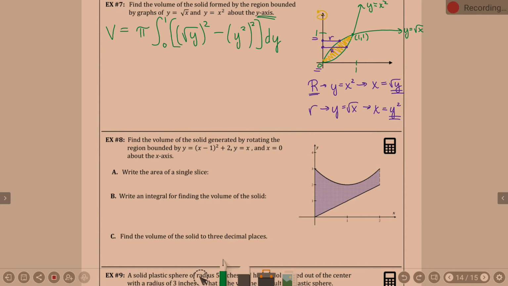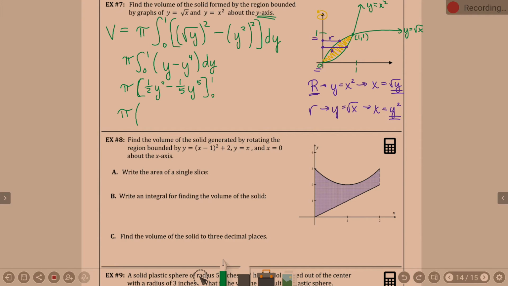And from here, it's just about practicing the math, right? So pi times the integral from 0 to 1 of y minus y to the fourth dy. Our last one was different. Okay, integral of y, let's see, we've got the pi. Then it's going to be 1/2 y squared minus 1/5 y to the fifth, evaluated from 0 to 1.